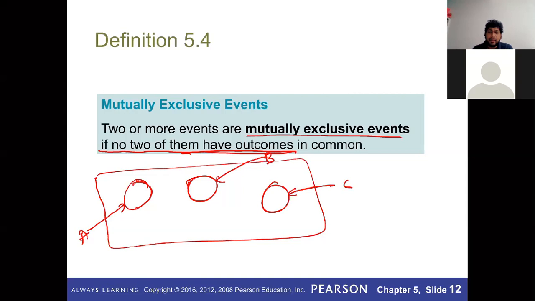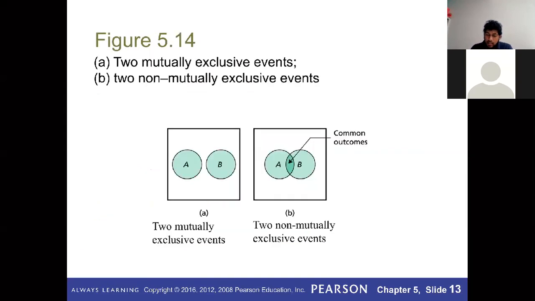They are separate events. If events A and B have a shared space, meaning common outcomes, they are not mutually exclusive anymore.